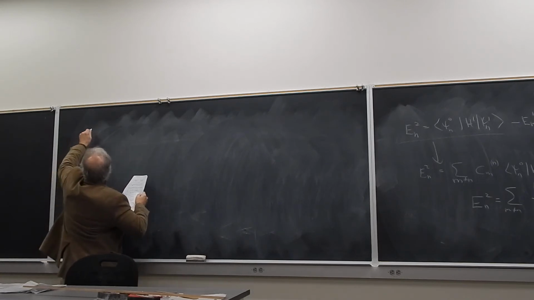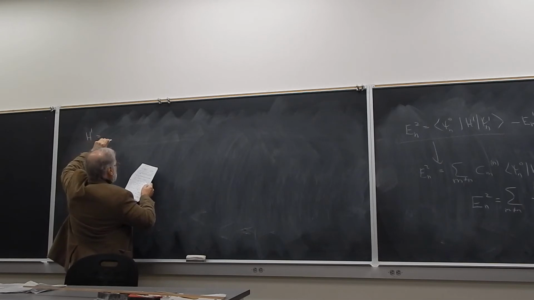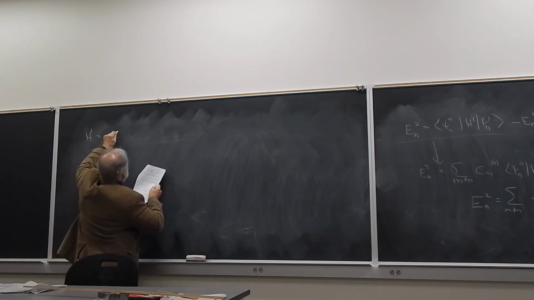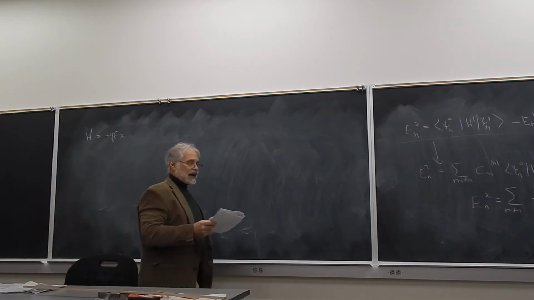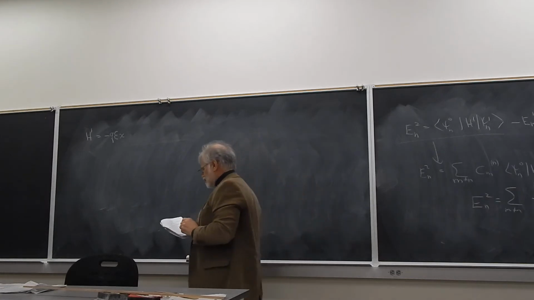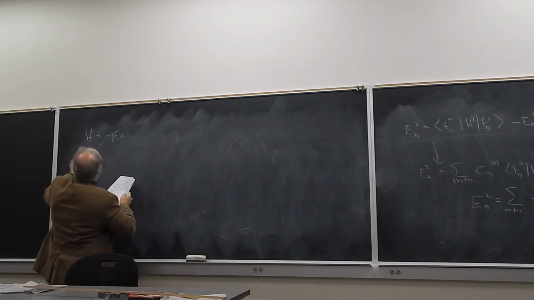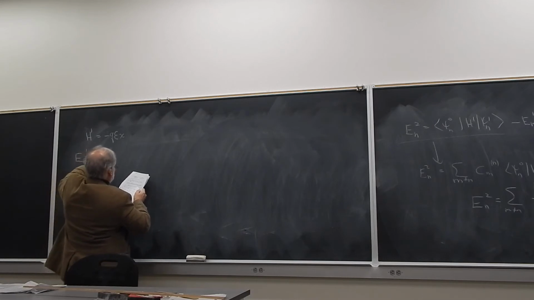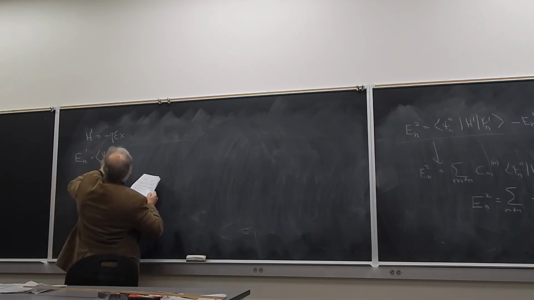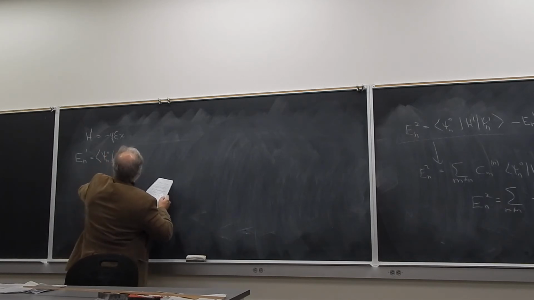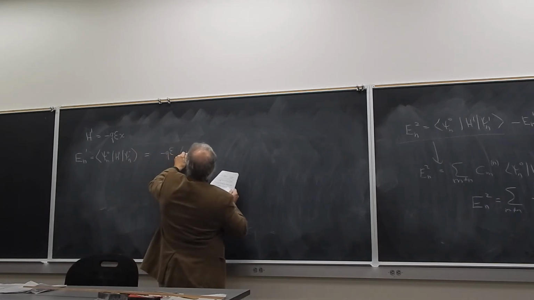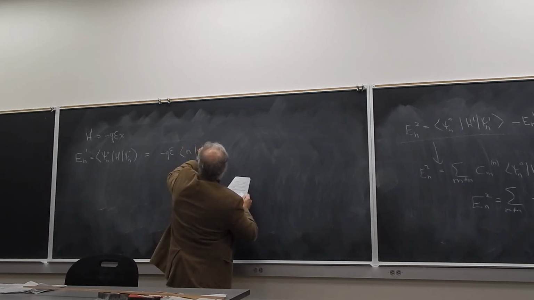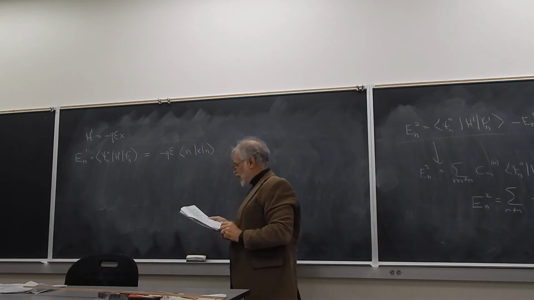In this case, my perturbing Hamiltonian is minus Q times some electric field, script E, times x. To first order, I can write this as psi n0 H1 psi n0, which will be minus Q times script E times the expectation value of x in state n. Those are my harmonic oscillator wave functions.